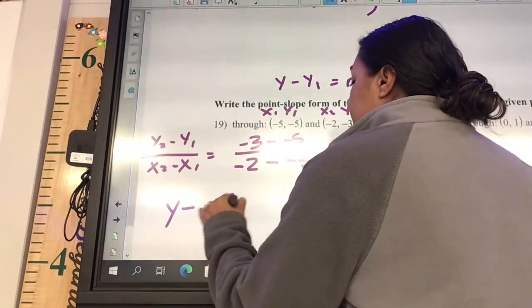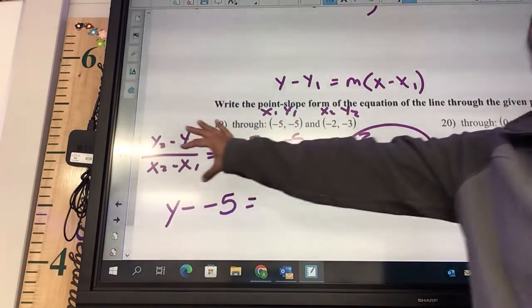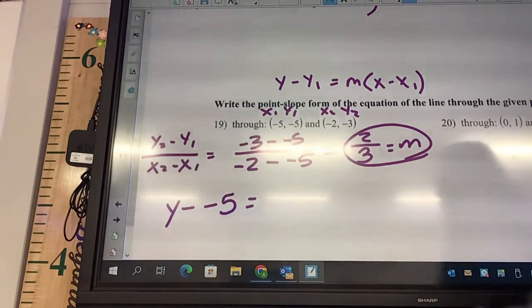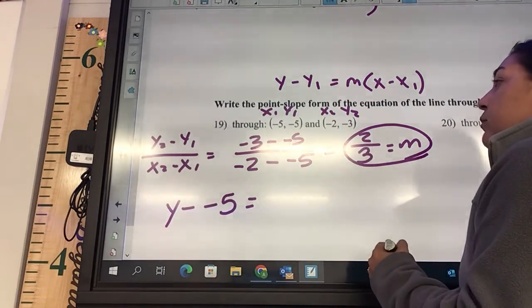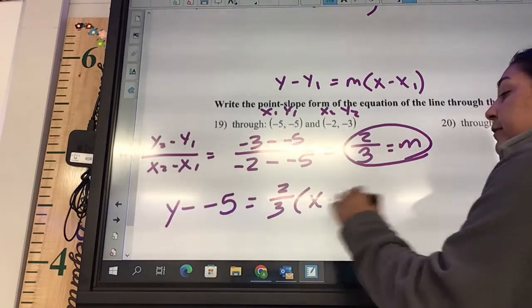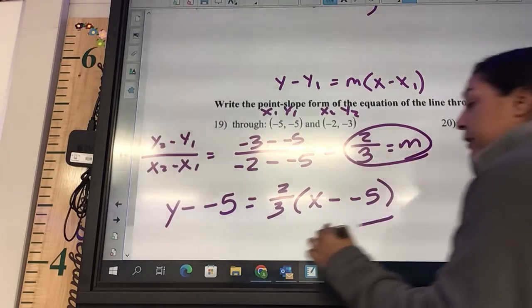This is why we have to label, okay? Because I used a y1 up here, and I need to use the same y1 down here. So you have to label. My slope is what? 2 over 3, x minus -5. -5. Now this is done.